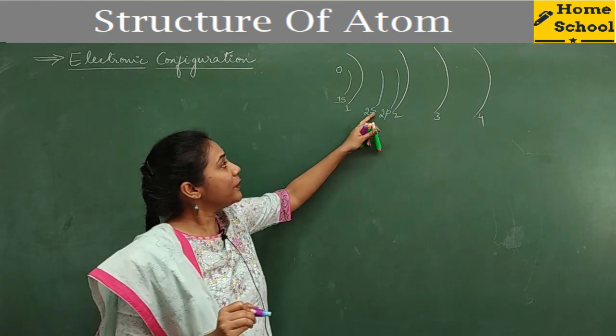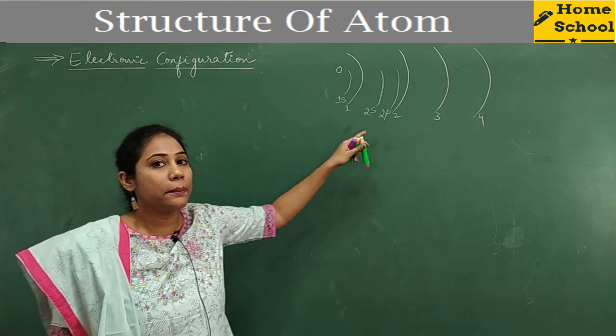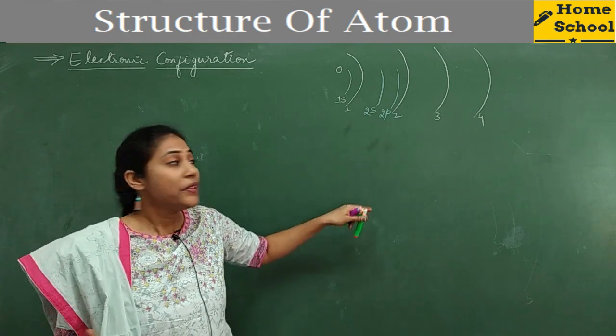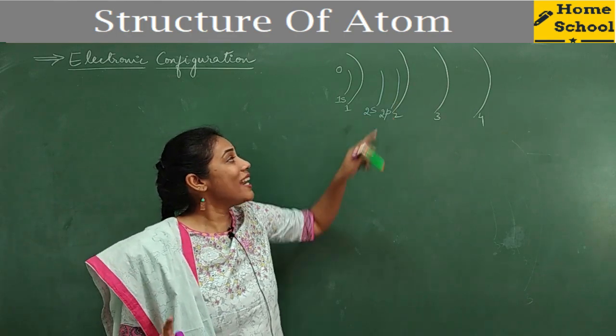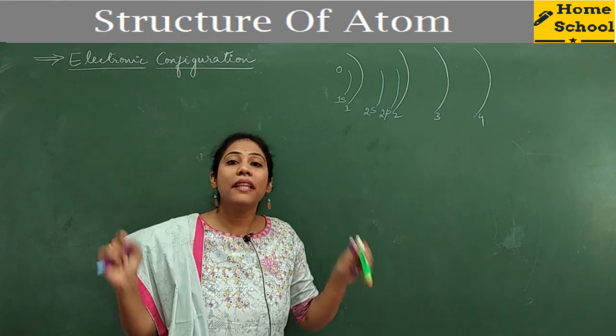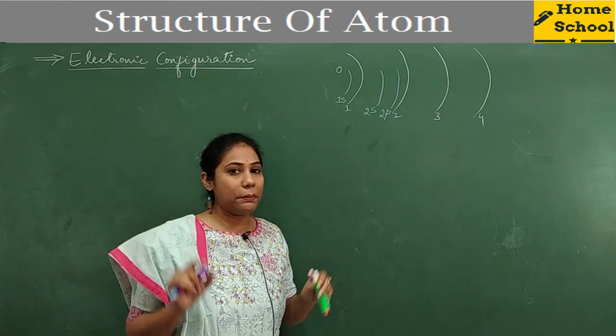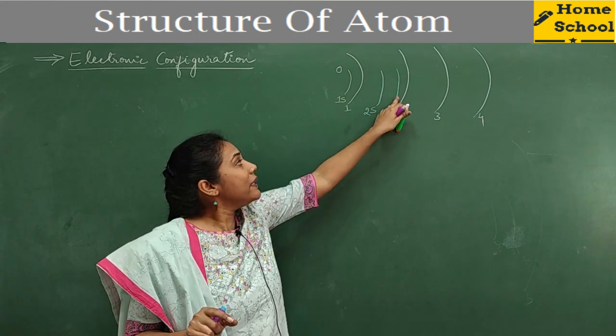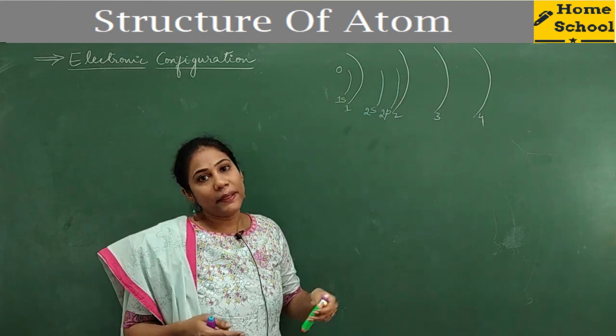The 2s subshell has only one orbital, that is the 2s orbital, and the 2p subshell has three orbitals: the px orbital, the py orbital and the pz orbital. So the p subshell will have three orbitals, guys.